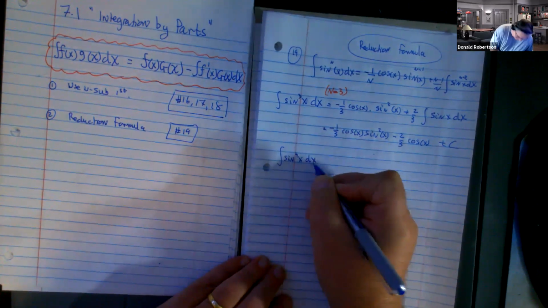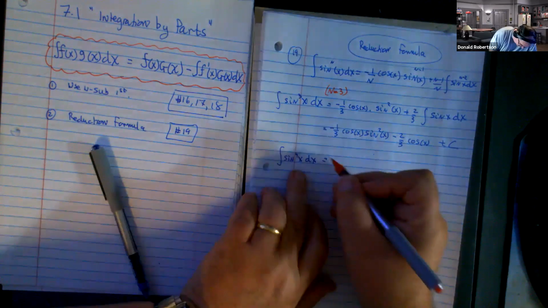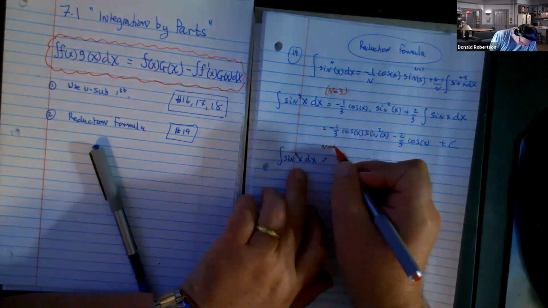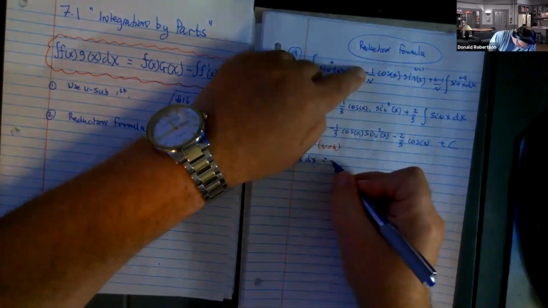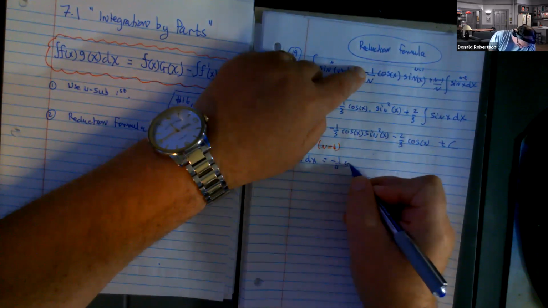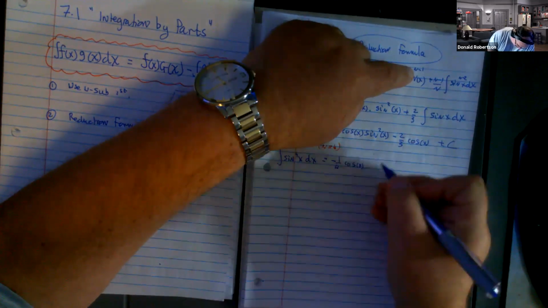Last question, this one. Now, in this case, n is going to be 4. So negative 1 over n becomes negative 1/4 cosine x, n minus 1, 4 minus 1 becomes 3.